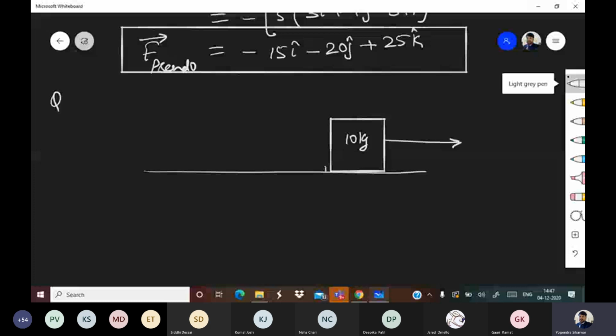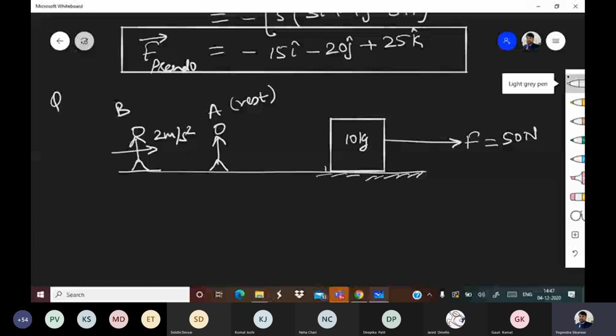Another person is B and that person is moving with 2 meters per second square. So what we need to do is find acceleration of block.